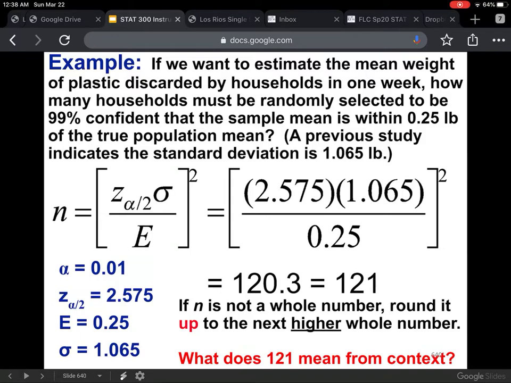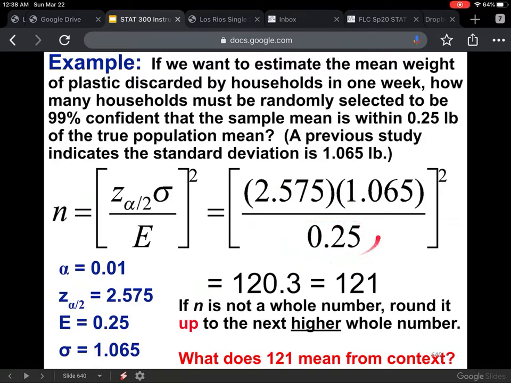And so here's our formula. n is equal to the critical value times sigma divided by the margin of error, all of that squared. So we have 2.575 for the critical value for the 99% confidence level, 1.065 is the known sigma, and 0.25 is the margin of error.